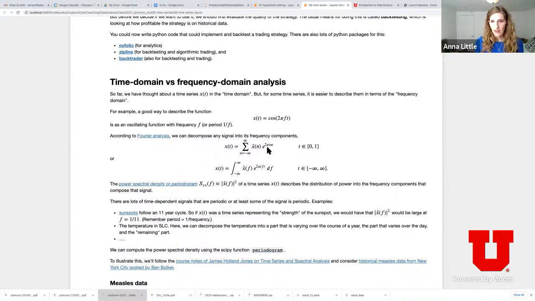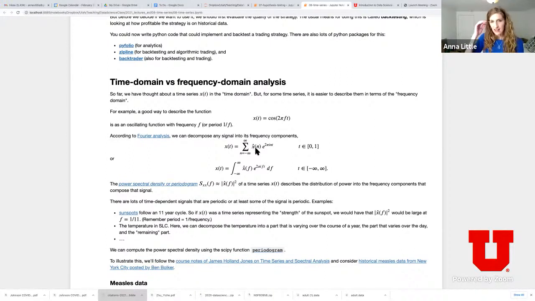Remember that this e to the 2 pi i n t is just the sum of sines and cosines at this frequency n, and you can write it as the sum of these sines and cosines weighted by the appropriate Fourier coefficients, which are usually denoted with a little x hat.